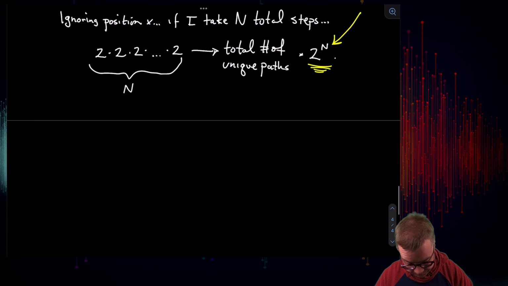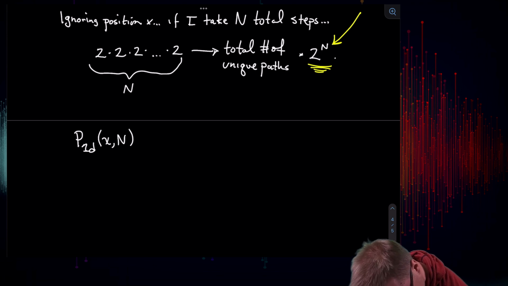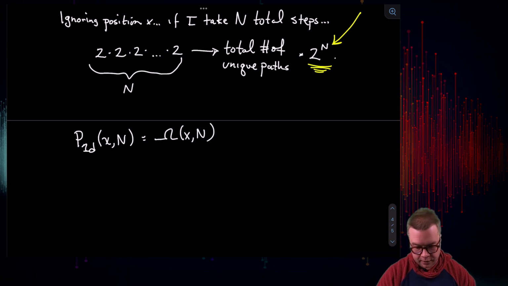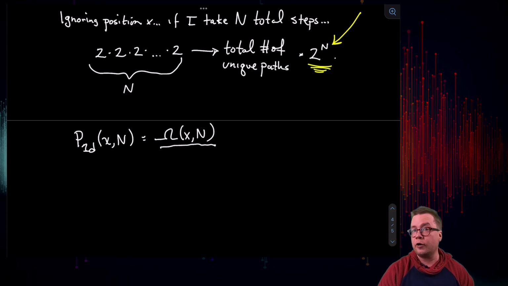This thing down here is how many unique ways can you take n steps, regardless of the position that you end up at. And so that's where we get that the probability in one dimension of ending up at a position x after n steps is going to be the number of microstates for that position, divided by the total number of ways that you can do it. We've calculated the total number of unique walks that we could have, which again doesn't depend on position.